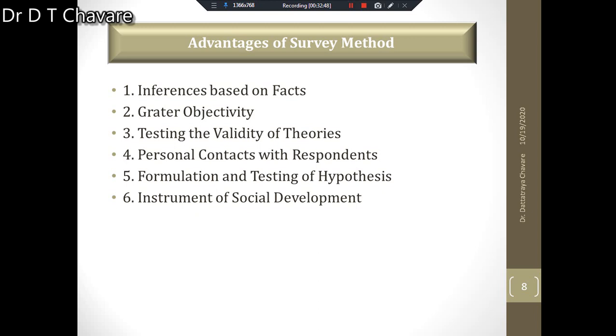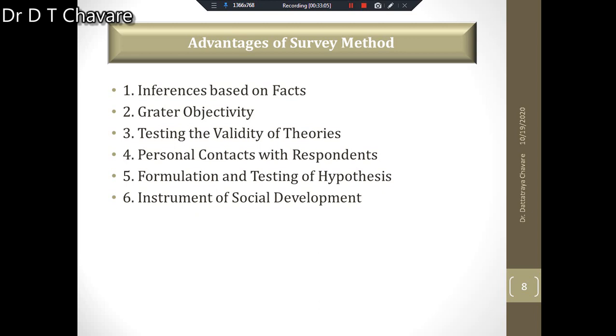Then another advantage is also there, formulation and testing of hypothesis. Survey method plays a crucial role in formulation of the hypothesis on the basis of results of the survey.